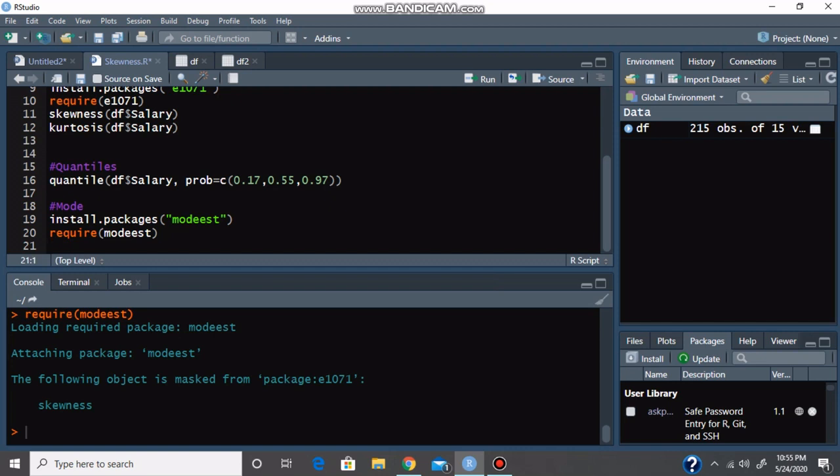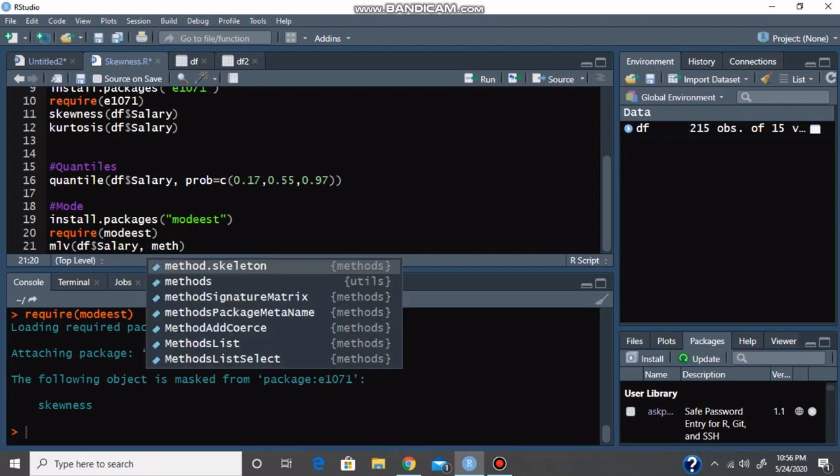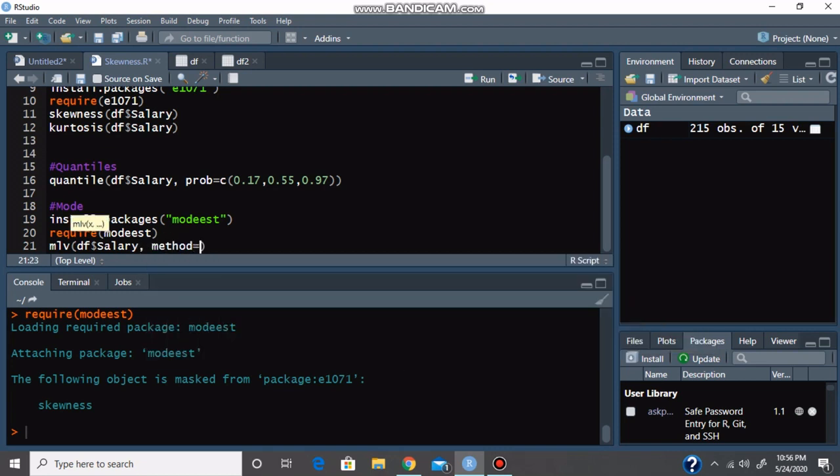So to get the value of the mode, the mode is the most frequently appearing value in my data set. So it gives me the value that appears in my data set most frequently. To calculate the same, I have a function mlv, and I'll apply it on the column that I want to get the mode with, and then the method that I am using for this function is mfv, that means the most frequent value.